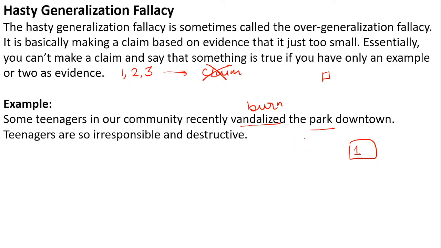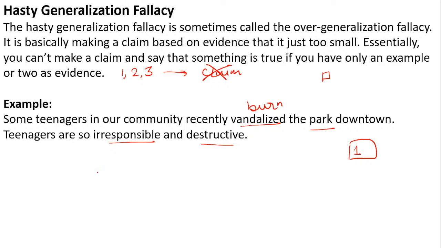But on the basis of that example, you cannot call all the teenagers in the world irresponsible and destructive. Okay, there are so many kids out there, girls, boys, who are taking tuitions, who are going to school, who are taking care of their sick parents and their family. So teenagers are also very responsible. So on the basis of just one incident, you cannot call all the teenagers irresponsible.